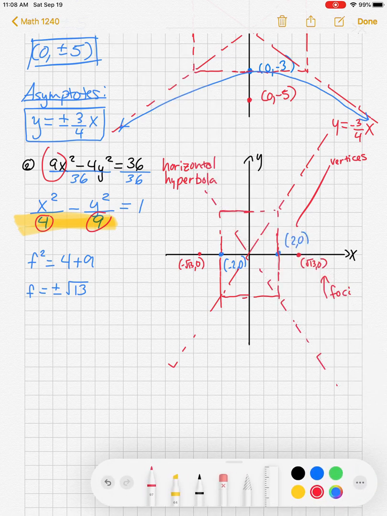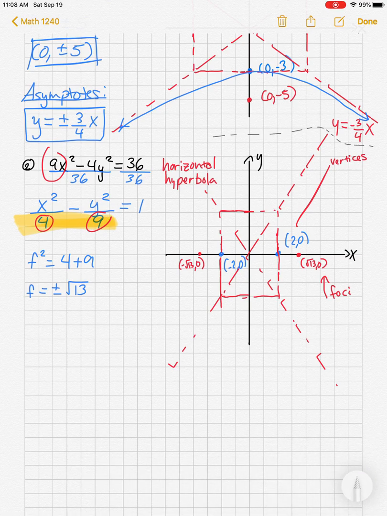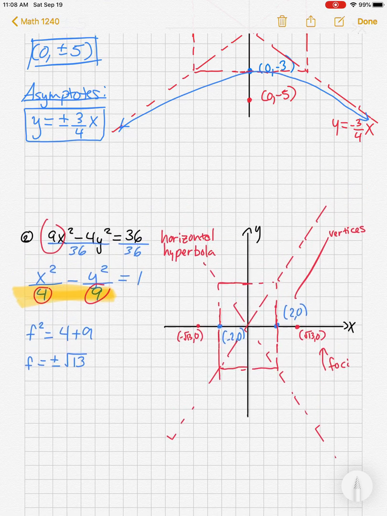And so let me see here. This one's too close to this one, I think. Move this down a little bit.